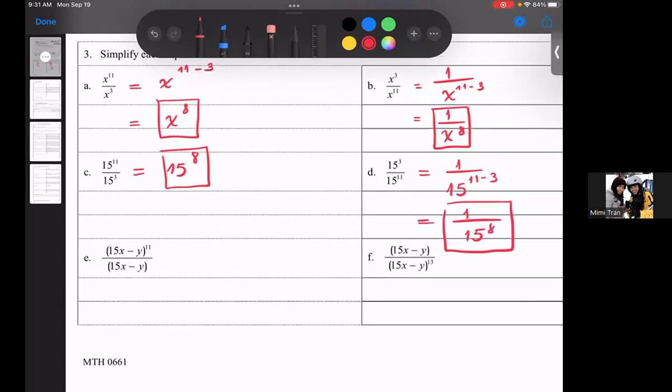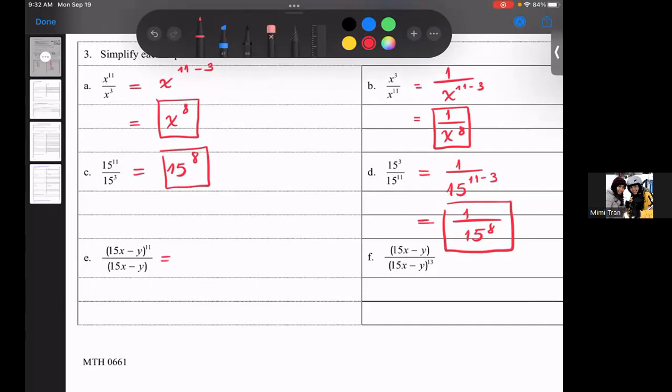Now E and F are pretty much the same, right? It just looks a little bit fancier. Whatever the base, I call it blob. It's a smaller blob, you have a bigger blob. So same thing. You have the same base, top and bottom.